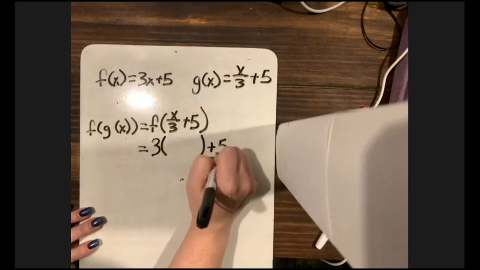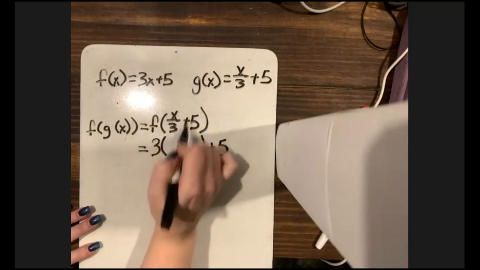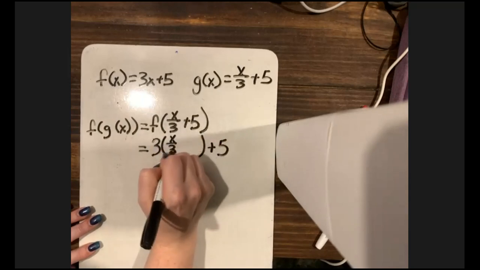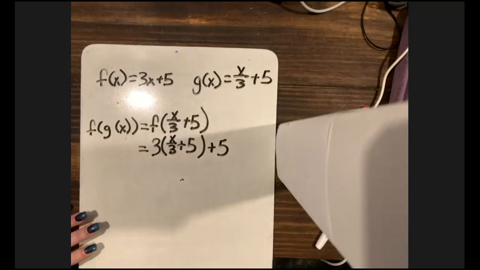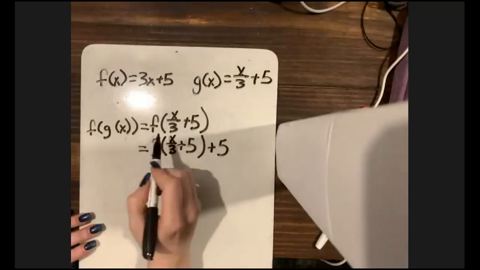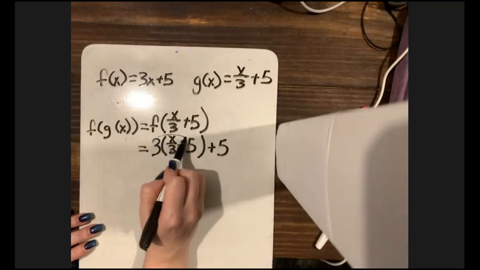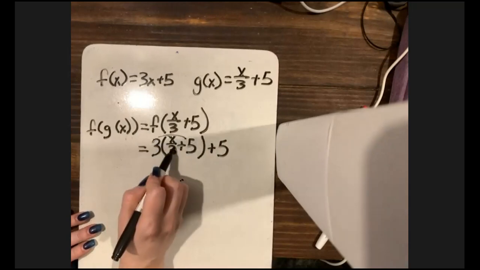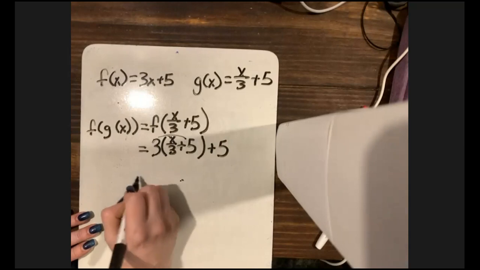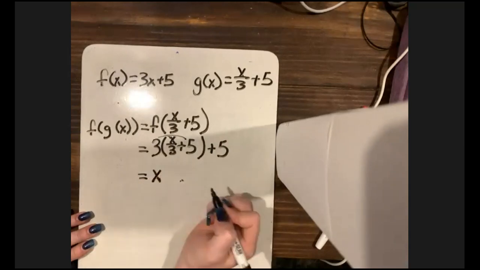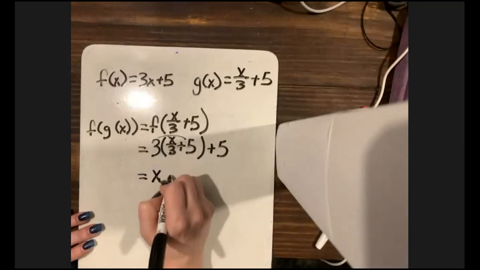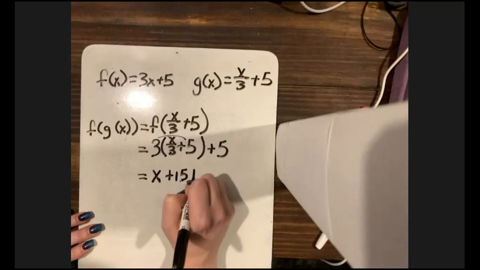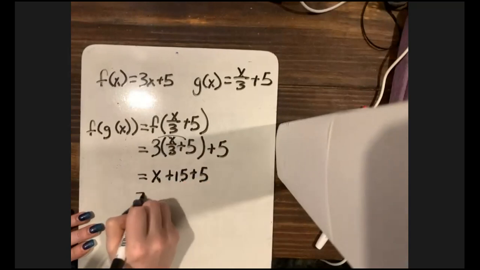And I got a +5 at the back. And then I'm going to bring this down. I'm going to distribute this in. Now this times 3, divide 3 against here is going to cancel out. It's going to be an x. 3 times 5 is going to give me 15 plus 5.